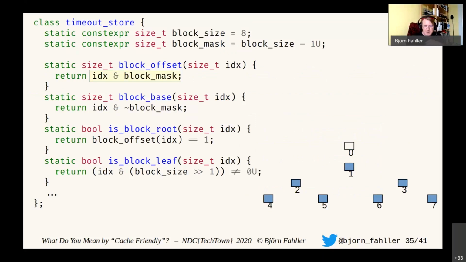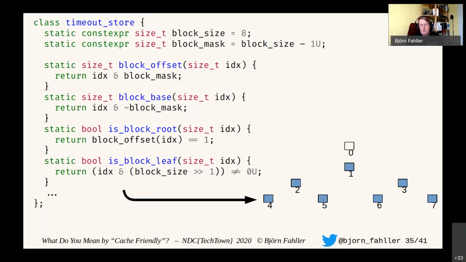So we can just mask and see what is the offset into a mini heap of any arbitrary index into our array. Find if something is a base or where the base is. We can ask if it is a block root, because this matters when traveling up towards the root of the entire tree. If it's not a block root, then we just do a local divide by 2. And if it is a block root, then the parent is the log8 calculations, which is quite terrifying, to be honest.